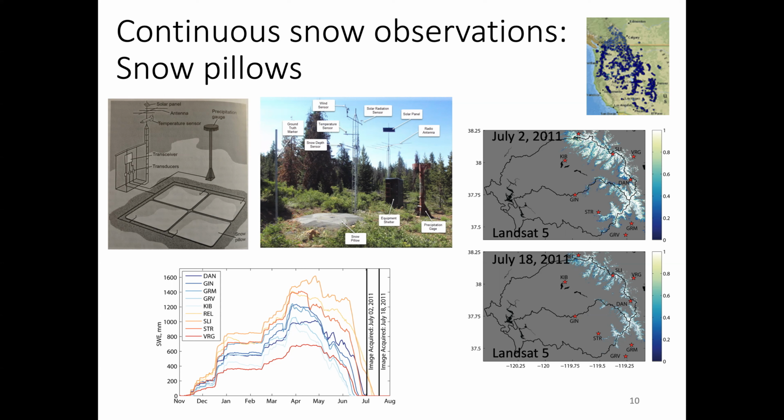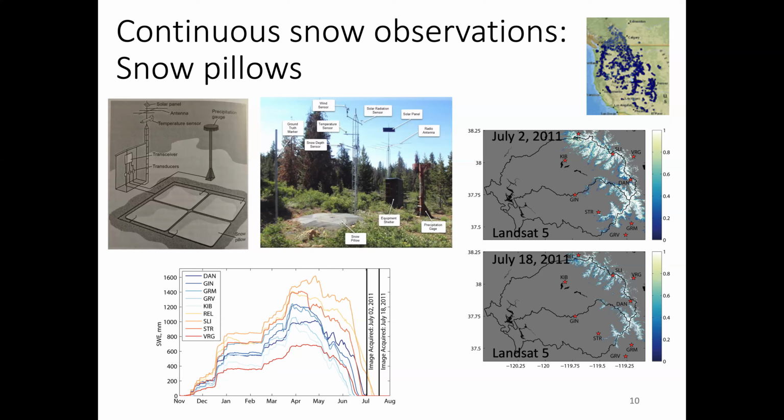These snow pillows are in the Tuolumne River basin that supplies water for San Francisco. The graph shows the data from 2011, which was an above average year for snow in California. You can see that snow persisted until mid-July at the REL and SLI sites, the two northern high elevation sites, with snow melting out earlier than at all the other sites.